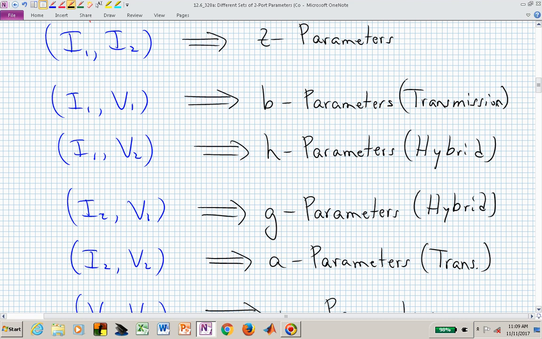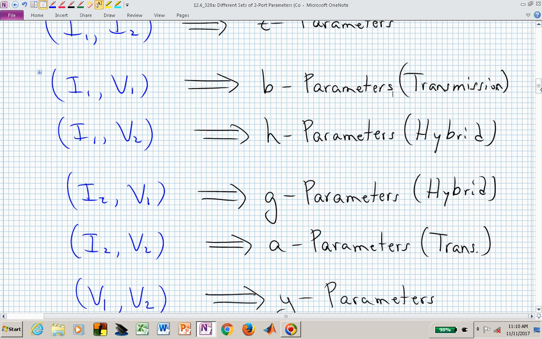The third row that we've identified, I1 and V2, is a mix or a hybrid of port 1 and port 2 variables. We have I1 current and V2 voltage, and that's called the H parameters. Another set of hybrid parameters would relate I2, the output current, and the input port voltage, V1. Those are a different set of hybrid parameters, and those are labeled as G parameters.